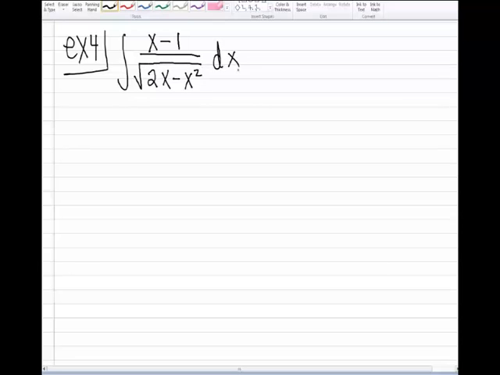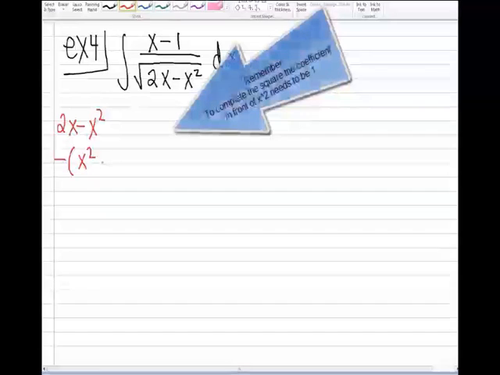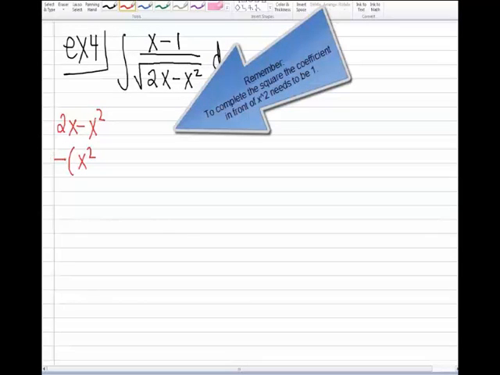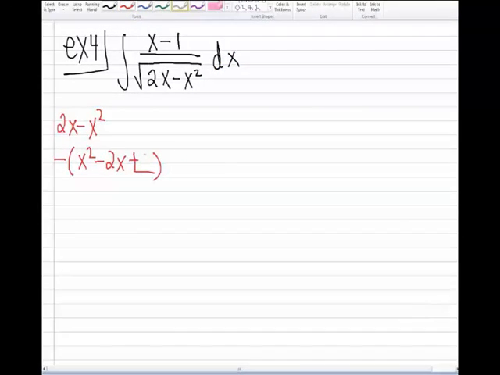Okay, so I'm going to complete the square. Again, I'm going to complete the square over on the side. When we complete the square, we don't want a number in front of our x squared, so that's why I'm factoring out the negative, because it's like a negative 1. So I really have negative the quantity x squared minus 2x. Okay, what number completes the square? A 1. But I'm really subtracting 1 because of this negative sign on the outside, so I need to balance it by adding 1.